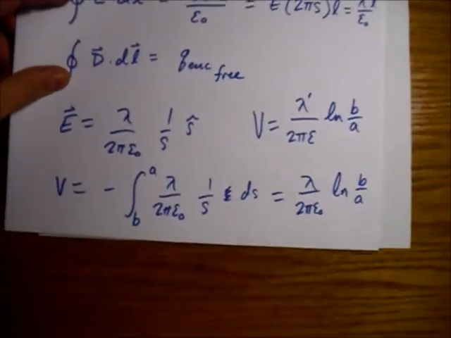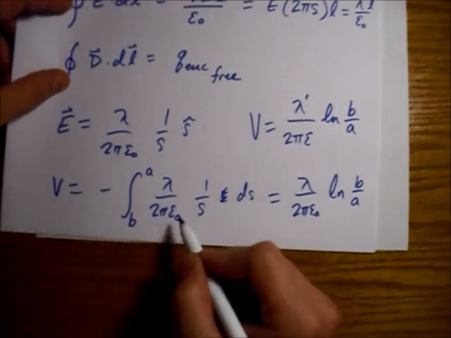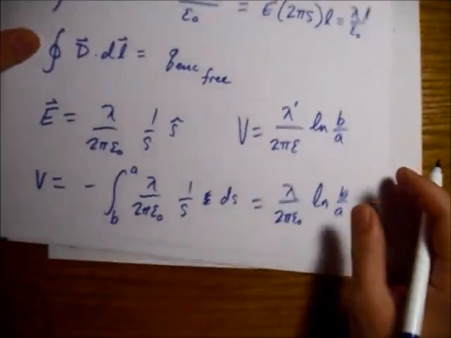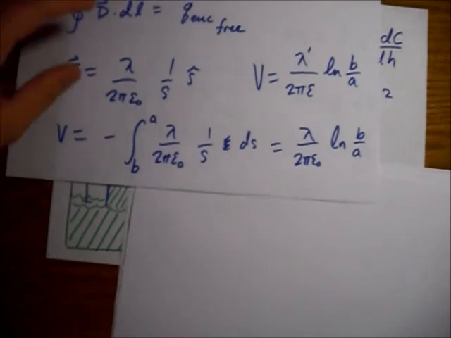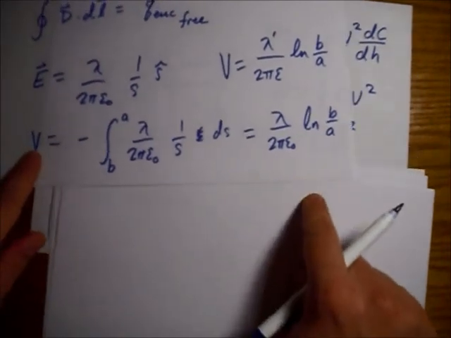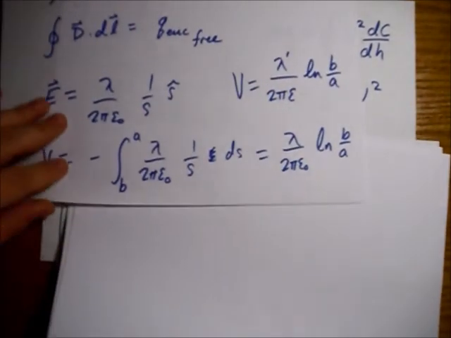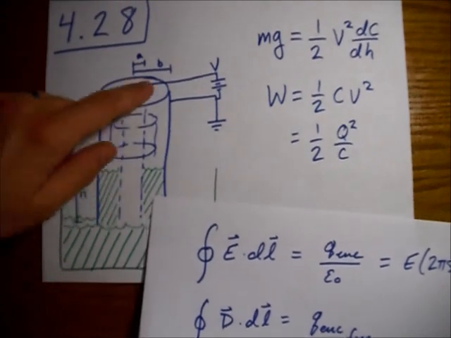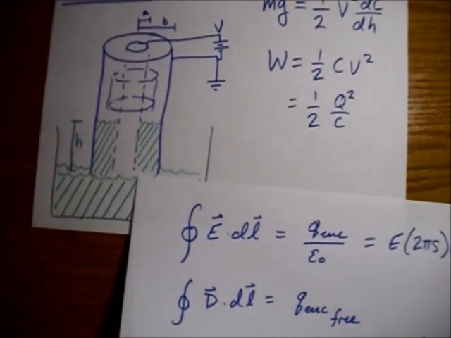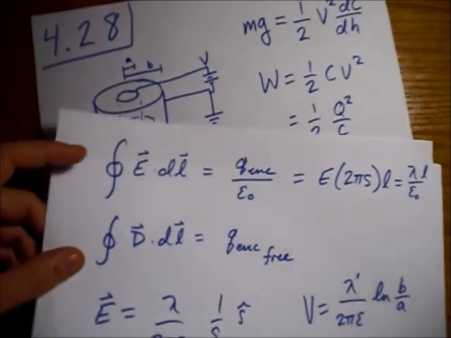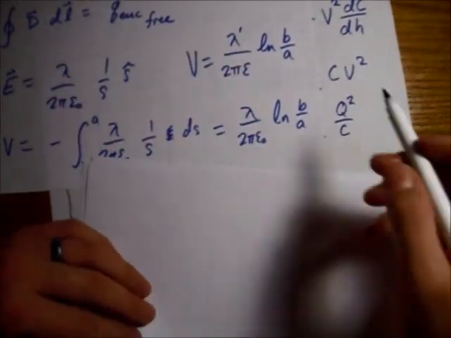But a way to look at this is, these are the same potential though, right? It's a conducting surface here on the inside. They're the same potential, so we can set these two equal to each other.